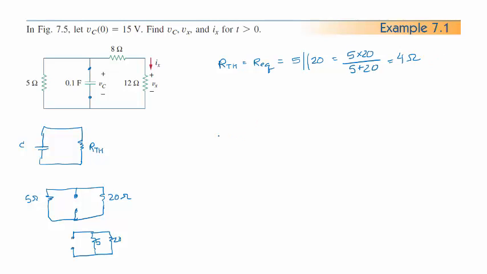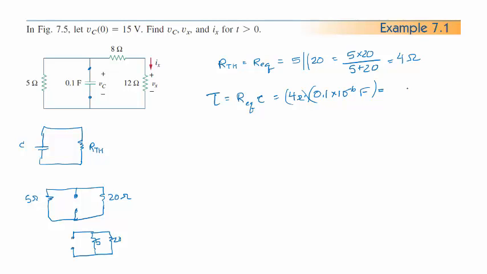So now we can get our time constant. Our time constant is the R equivalent times the capacitor, which is 4 ohms times 0.1 times 10 to the minus 6 farads. Multiply those two together, and my answer will be in seconds.